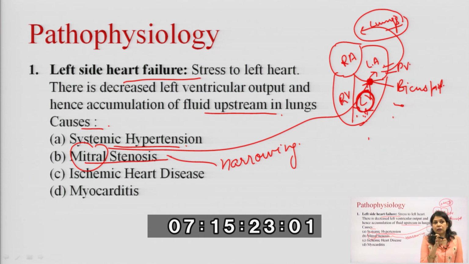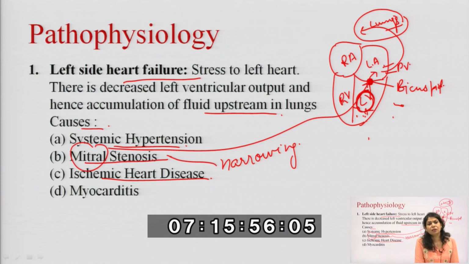When the valve, that is the bicuspid or mitral valve, which is present between the left auricle and the left ventricle, narrows, what will happen? There is an increase in blood pressure, and finally it will lead to heart failure. Ischemic heart disease is also a very important disease responsible for left side heart failure.